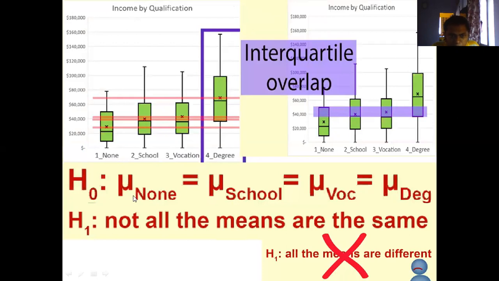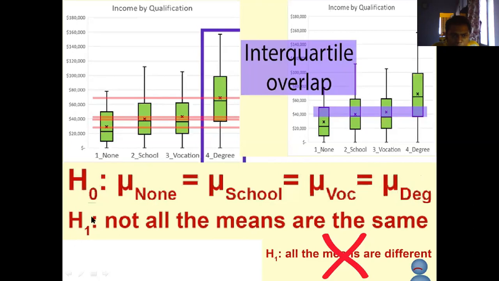So your null hypothesis is mu none is equal to mu school, is equal to mu vocational, is equal to mu degree. That means for all the degree holders, the annual salary is the same when you are considering the population.